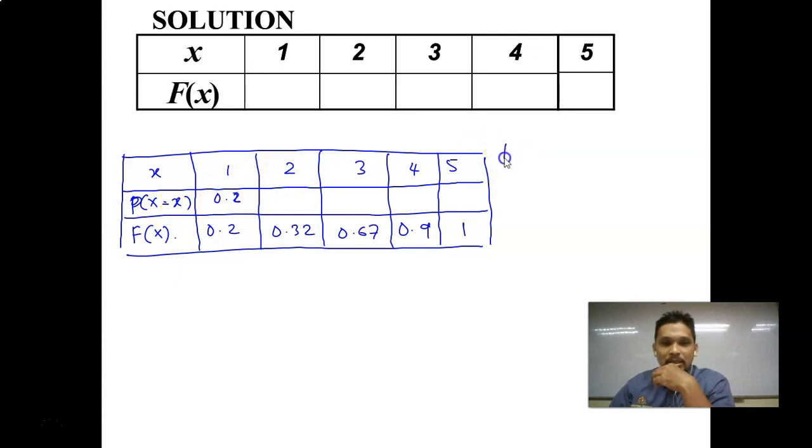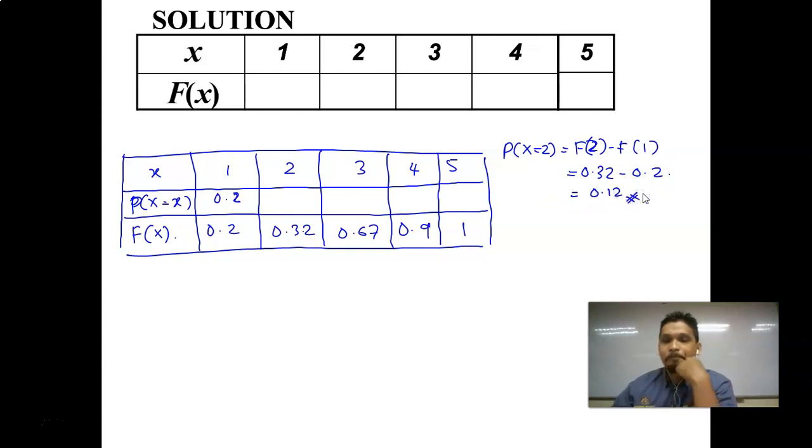So in this case, the probability of x equal to 2 equals F2 minus F1, which is 0.32 minus 0.2 equal to 0.12. Okay.